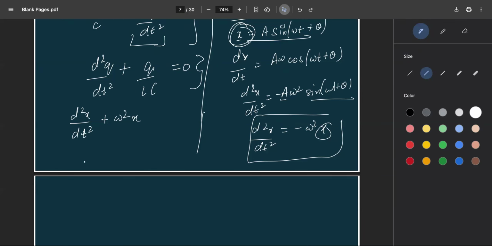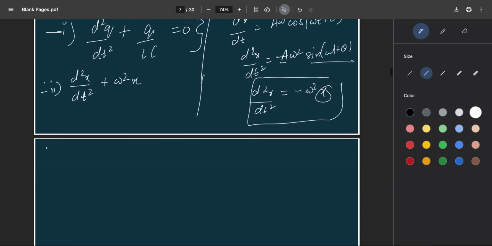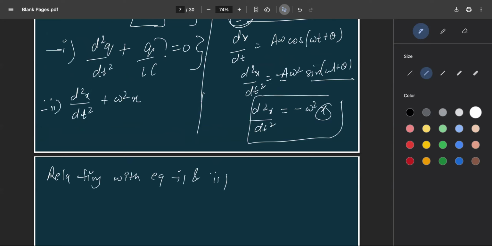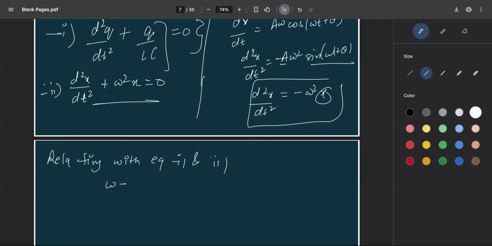So equation 1 and equation 2, relating them, you can see it is basically an SHM equation. This is also an equation of SHM. Can I say by relating both that omega is nothing but under root of 1 by LC?